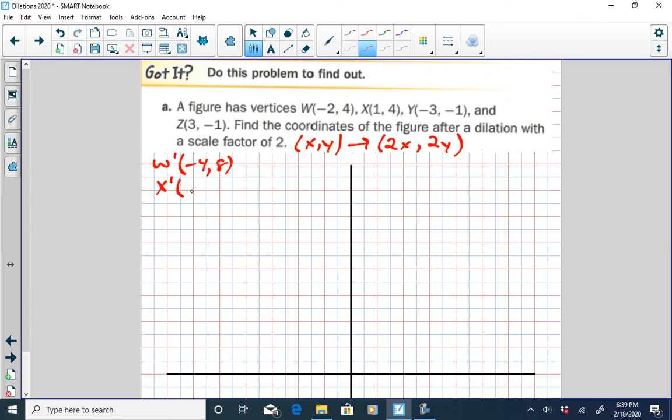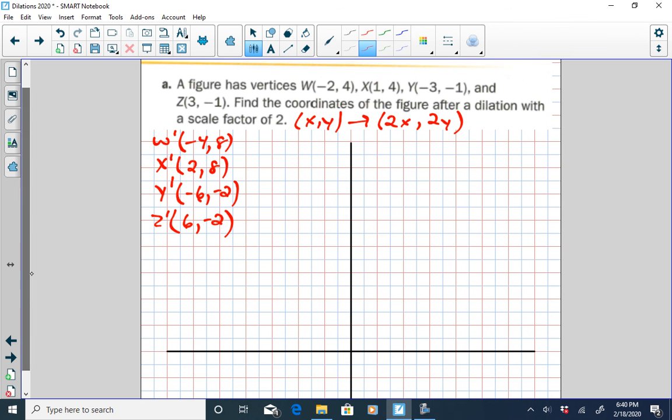X prime is going to be located at 2 times 1, which is 2, and 4 times 2 is 8, so 2, 8. Then we have Y prime, which would be located at negative 3 times 2, which is negative 6, and negative 1 times 2, which is negative 2. Then, of course, we have Z prime, which is going to be located at 3 times 2, which is 6, and negative 1 times 2, which is negative 2.